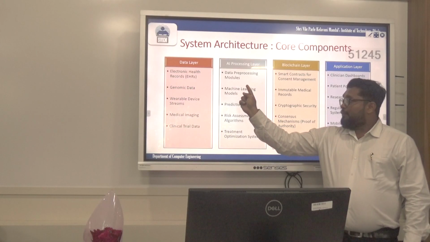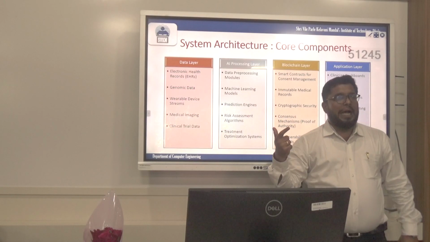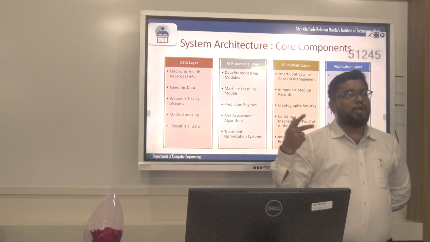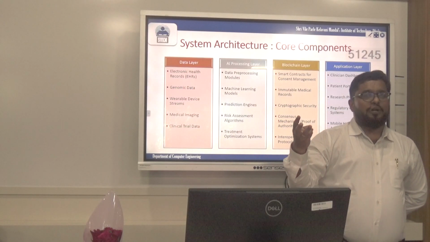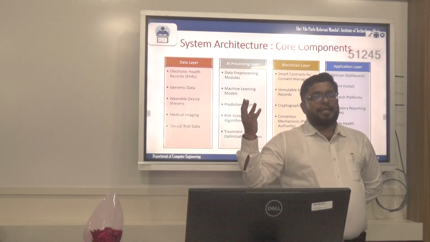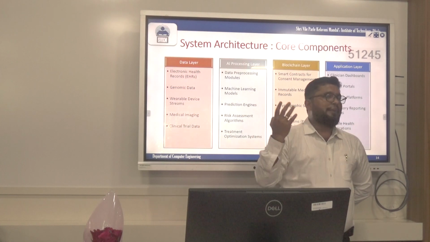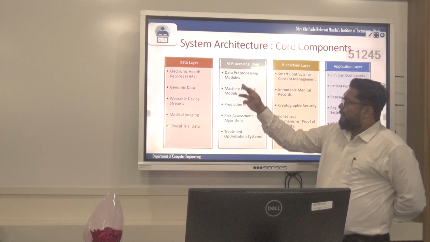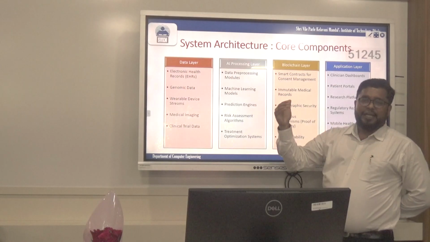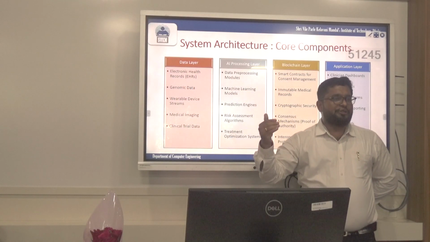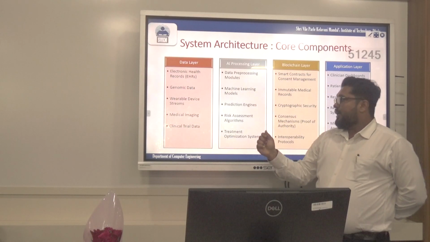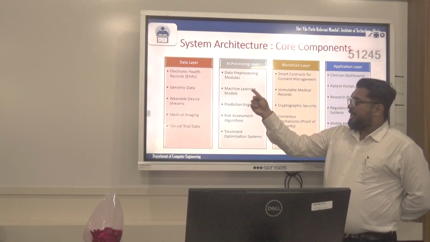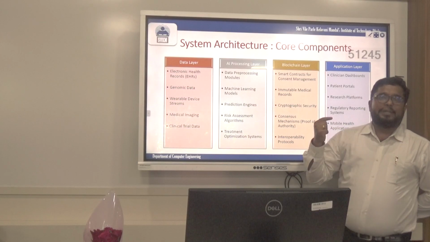For example, I have taken support vector machine, logistic regression, neural network and naive Bayes. These four algorithms I have taken. Then I apply them to the data and check which gives me better accuracy, precision and recall. Based on that, I create the particular model.